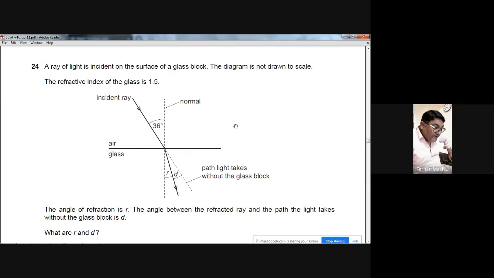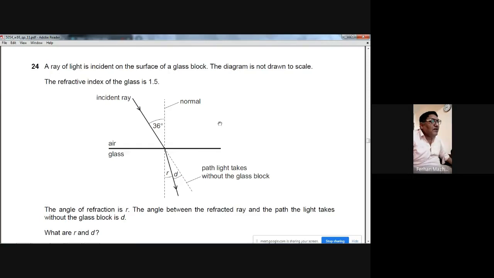So you will write 1.5 equals sine 36 divided by sine R. So sine R will go on the other side, so we will have sine 36 divided by 1.5. Get the answer of sine 36 divided by 1.5, and then whatever answer you get, find the sine inverse of that answer. You will get the R value.